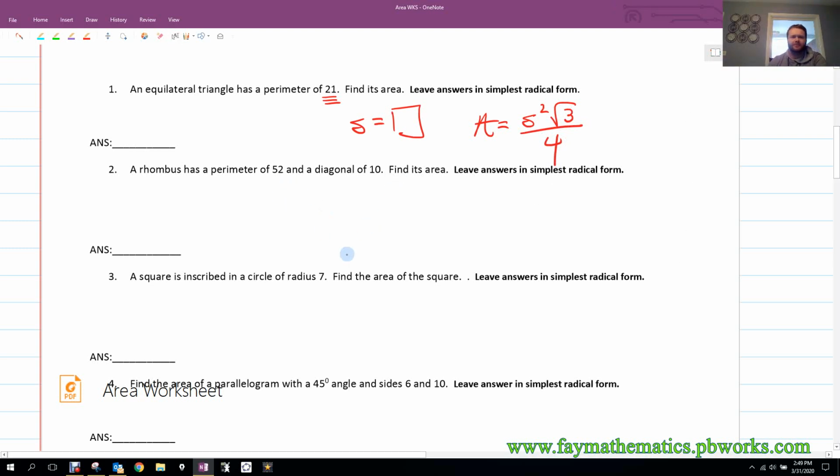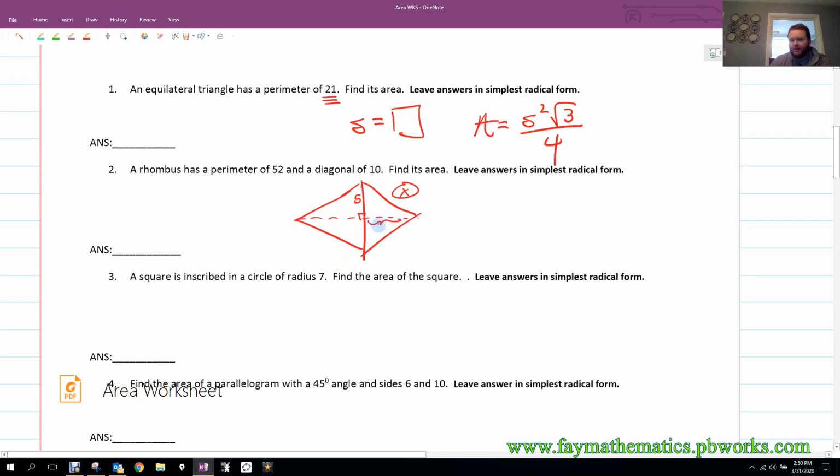Rhombus, perimeter of 52. So once you have your rhombus with a perimeter of 52, that should tell you what one side length is. So let's call that x. Okay. You know one diagonal is 10. So let's say that's 10. You should remember that the diagonals of a rhombus bisect each other. So that would be 5. Remember this x you know, but you don't know the dotted distance.